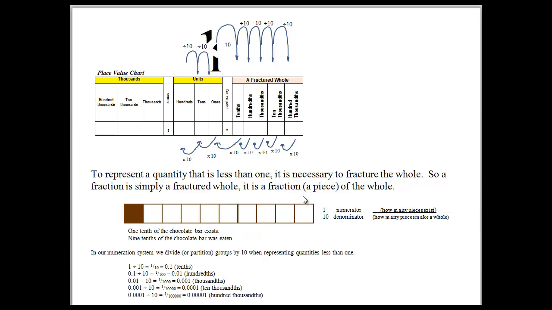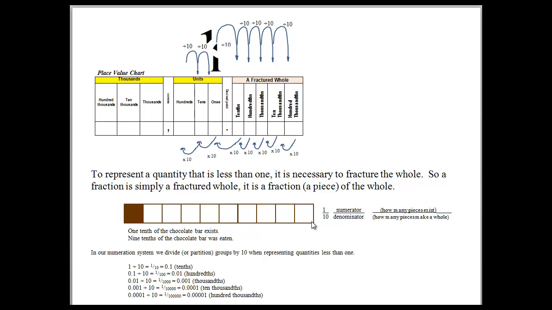All right, so to represent a quantity that's less than 1, we need to fracture a whole. So I have a picture here. Think of this as, how about a Hershey's bar? This whole thing here is one big whole Hershey's bar. Well, what if I wanted to share this Hershey's bar with other people?